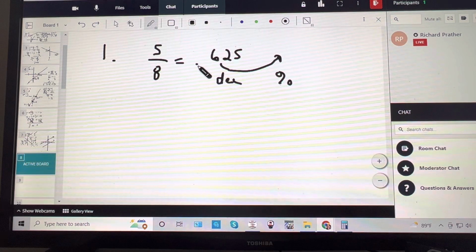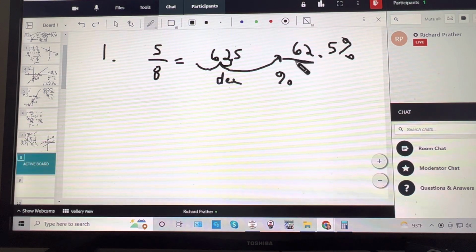It could be easy to forget which way you're going, but you would move 2 decimal places this way, 62.5%. 62 is bigger than 0.6. So the percentage always looks bigger. But 0.625 as a decimal is 62.5%, or 62.5% is 0.625 as a decimal.